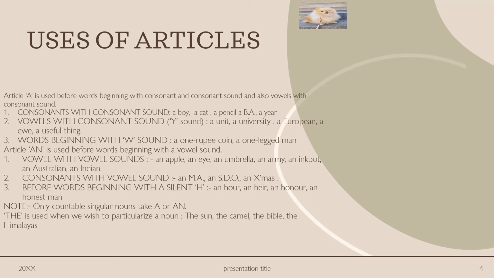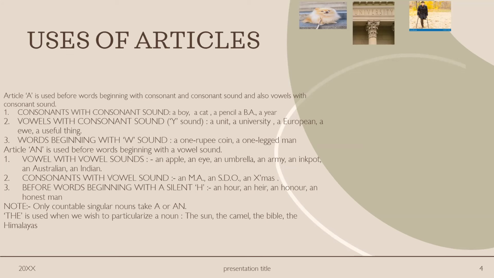Vowels with consonant sound, that is Y sound, also use a: a unit, a university, a European, a useful thing. Words beginning with W sound: a one rupee coin, a one-legged man, etc.